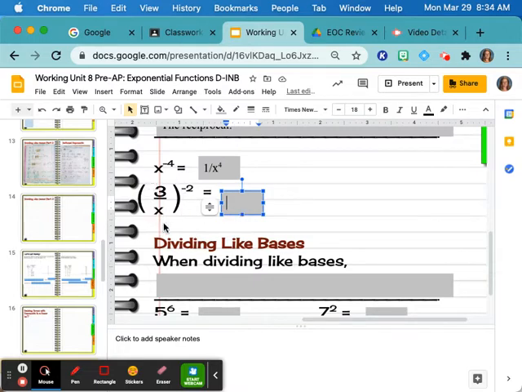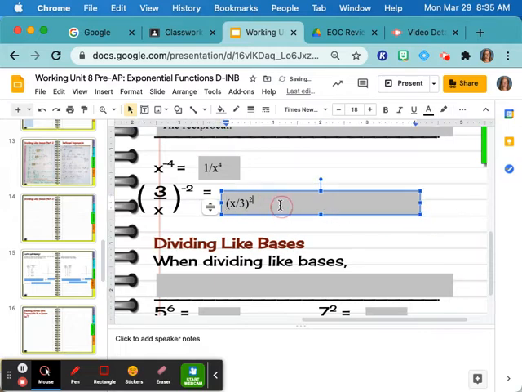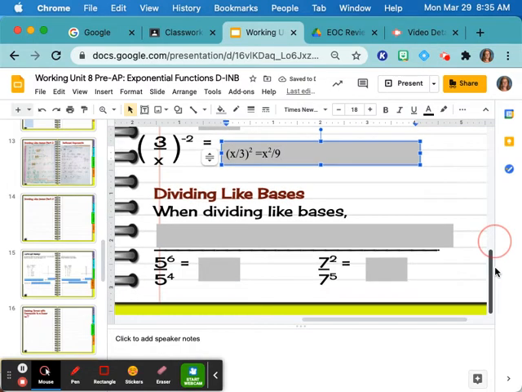And then this one would be x over 3 squared. Which would equal, we got to take that square to each factor. So it'd be x squared over 3 squared, which would be 9. X squared over 9.